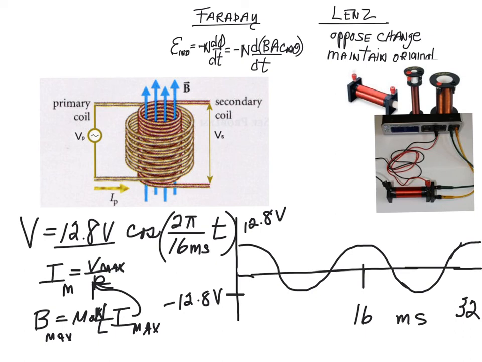So be careful. When you calculate the magnetic field, you're going to be using the number of windings on the outer coil, because that's what's producing the field. But when you're watching the flux through the secondary coil, you need the number of windings on the secondary coil. And so you need to take the derivative of BA cosine theta.